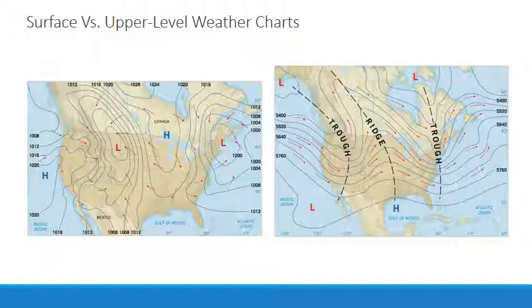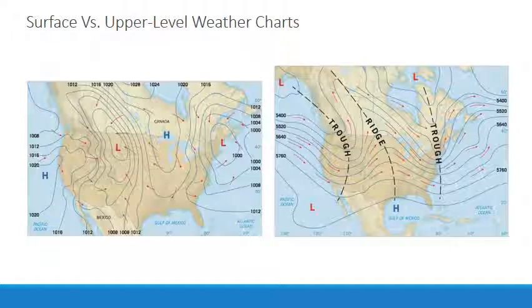This figure shows a simplified surface weather map. Notice that the isobars are drawn at 4 millibar intervals, so at 996, 1,000, 1,004, and so on. Closed isobars that roughly resemble circles identify high regions or low regions.